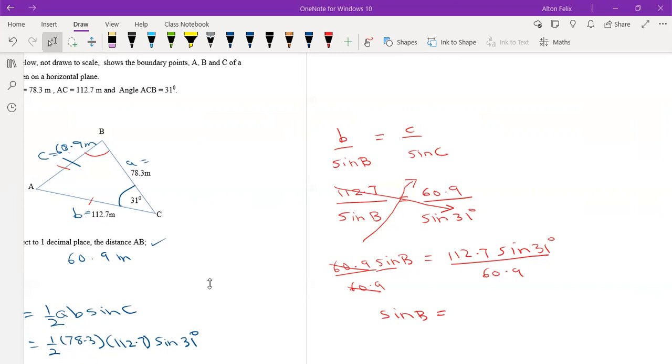So angle B would be 72.4 degrees. Right, and I think that was question number 2.